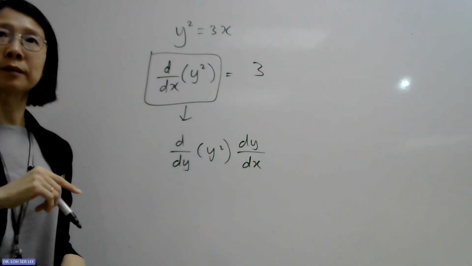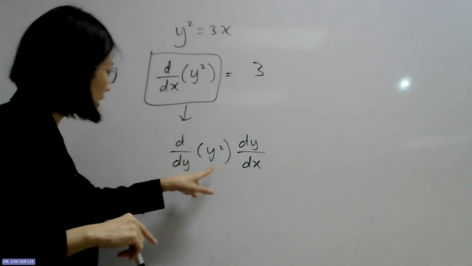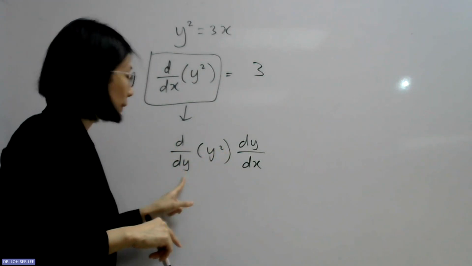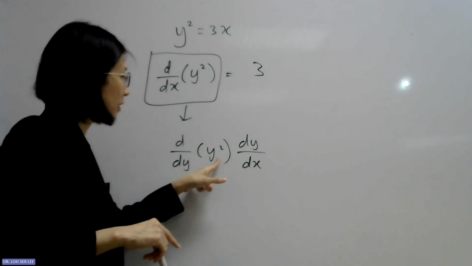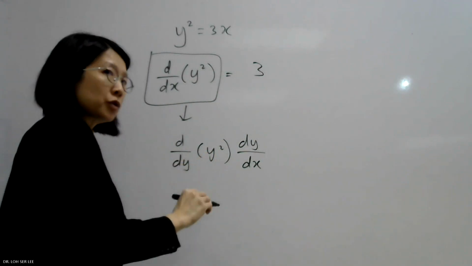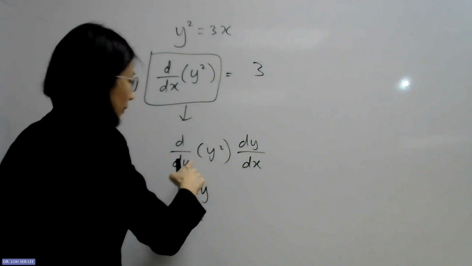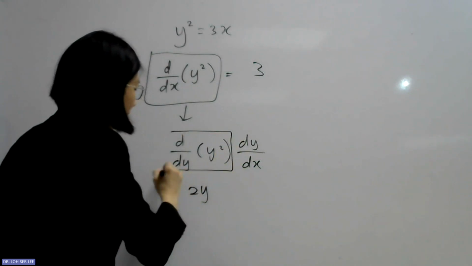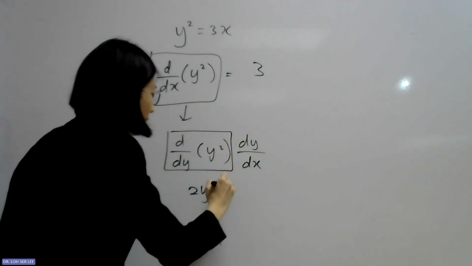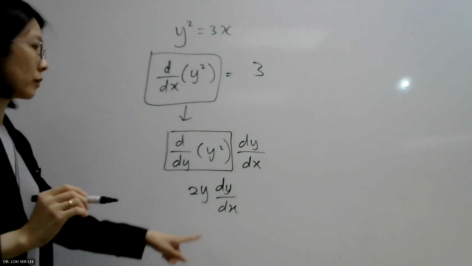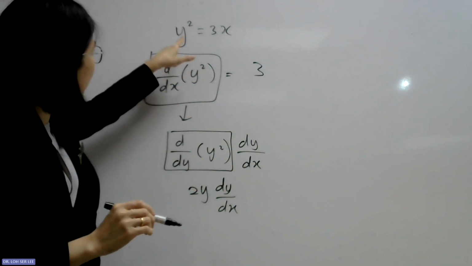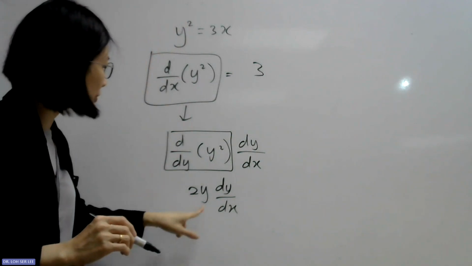We didn't change anything. Okay, so when you differentiate y squared with respect to y, what do you get? You get 2y. And you have a dy dx here. So when you differentiate y squared with respect to x, you get this one.